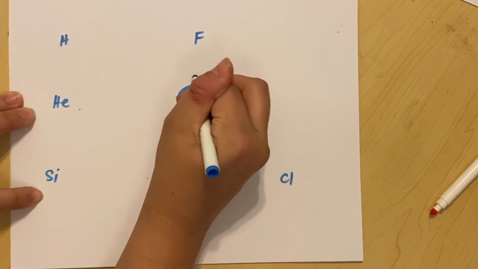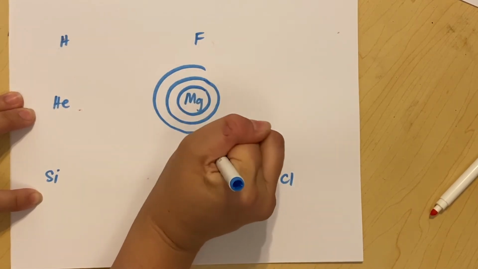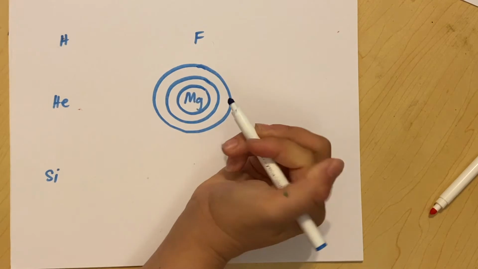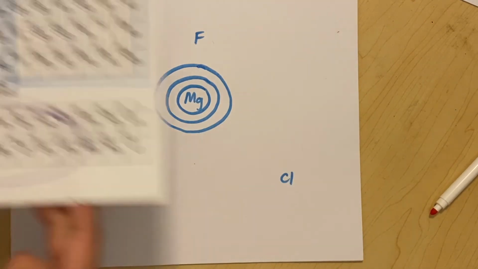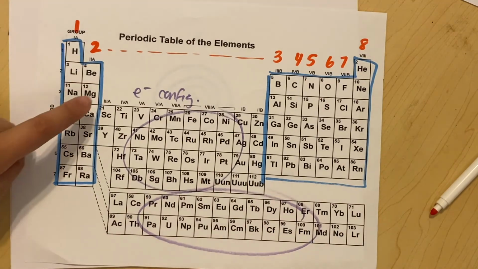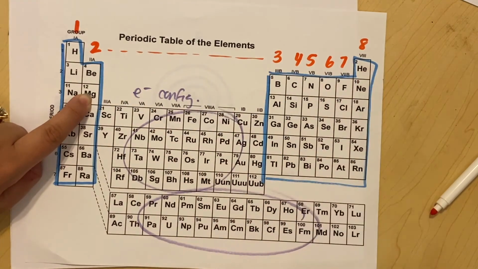1, 2, 3. So I have the correct number of shells for magnesium. Now I need to figure out how many electrons go on each shell. In shell 1, I have 1, 2 electrons.